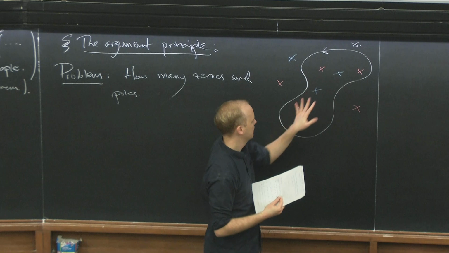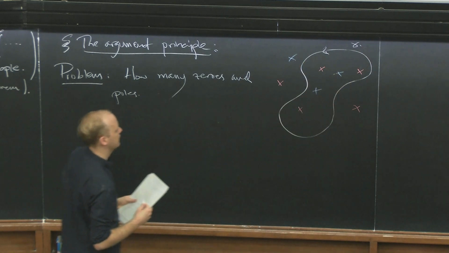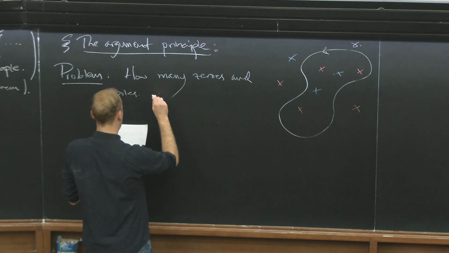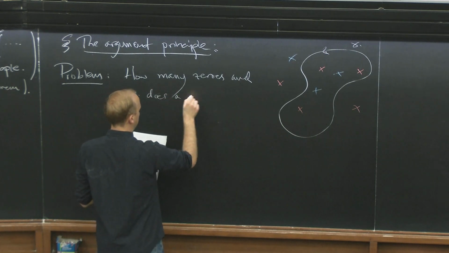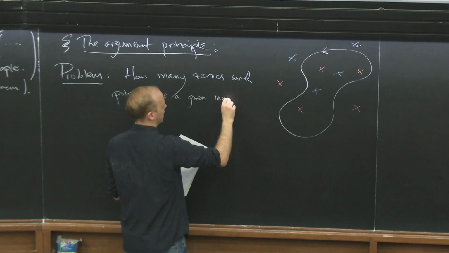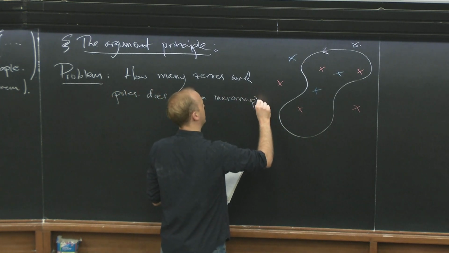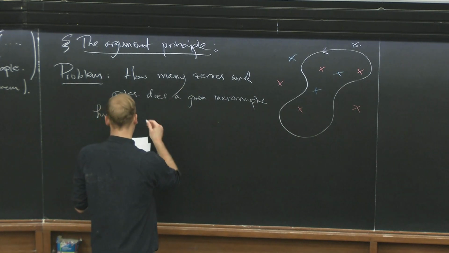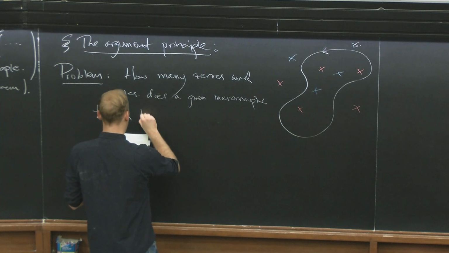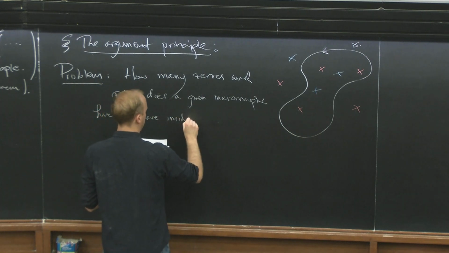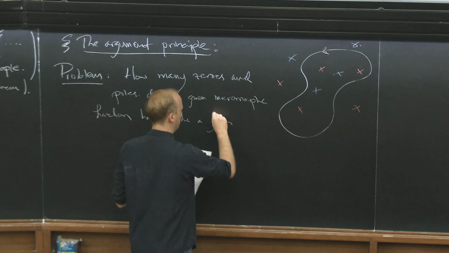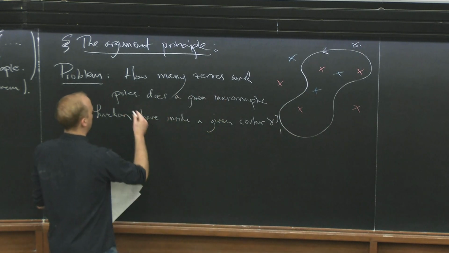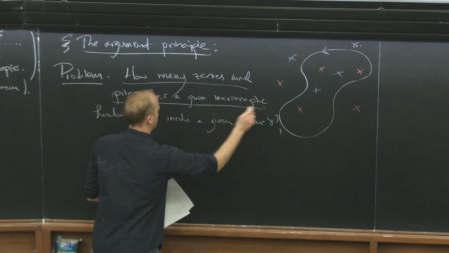So you want to count what's inside, but we don't want to see what's outside. So for a given meromorphic function, of course, imagine you had a meromorphic function. How many poles does it have inside a given contour gamma? This is the question.